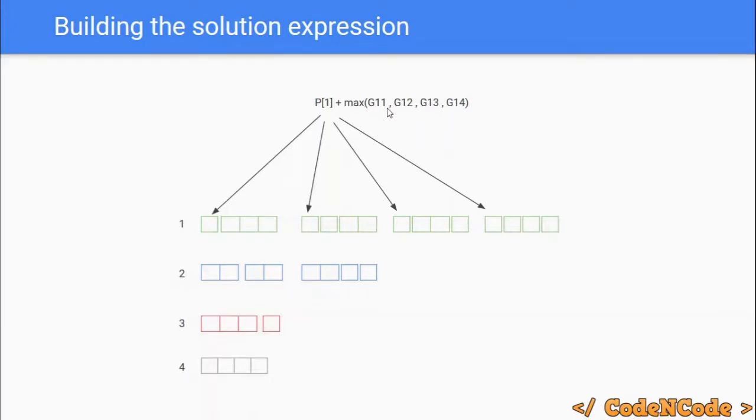So g11 is the first variable part of g1, g12 is the second variable part of g1, similarly g13 and g14. So basically the maximum of the first group would be p1 plus the maximum of the variable parts of all of the configurations of g1.